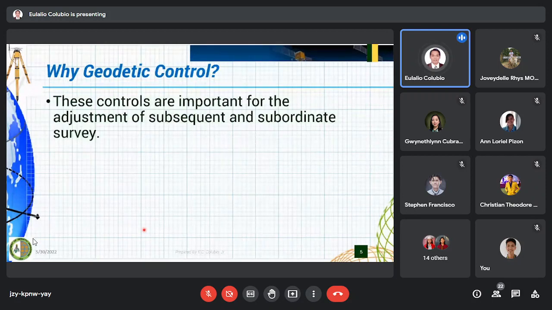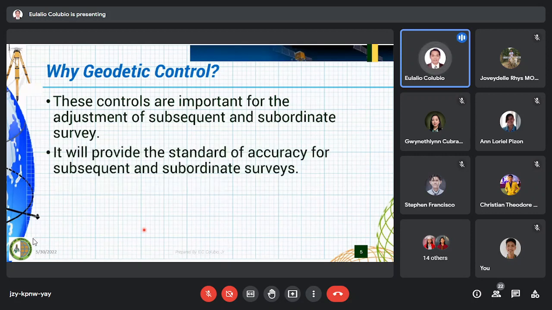So why geodetic control? Why do we need these control stations? These control stations are important for the adjustment. They are the basis of reference for subsequent or subordinate surveys. Based on this monument, if you conduct another survey, you just tie up to these monuments.